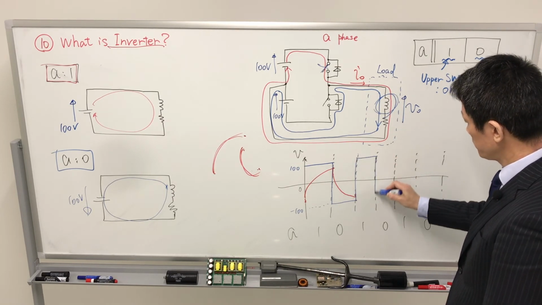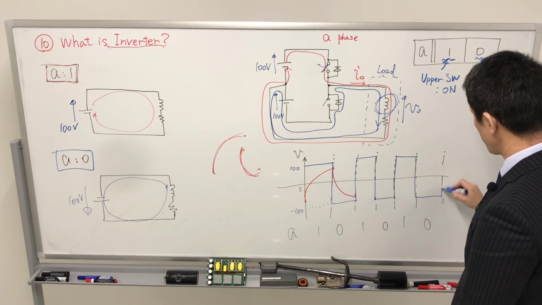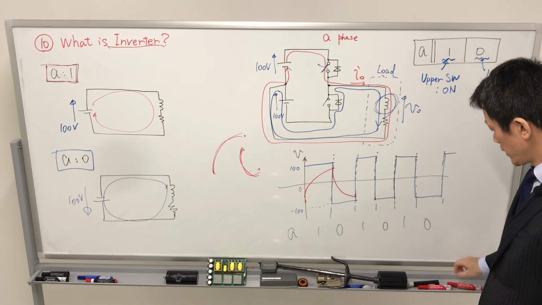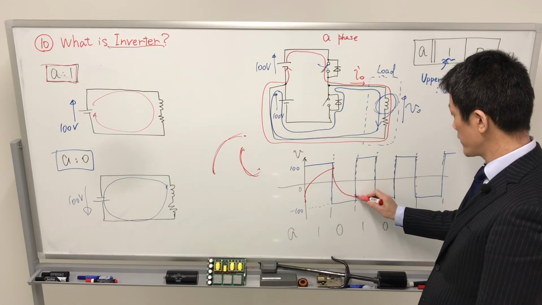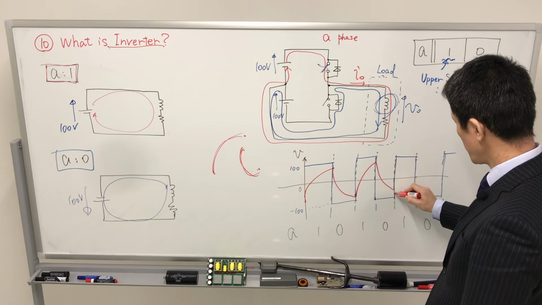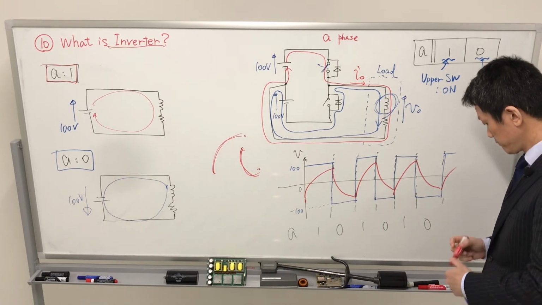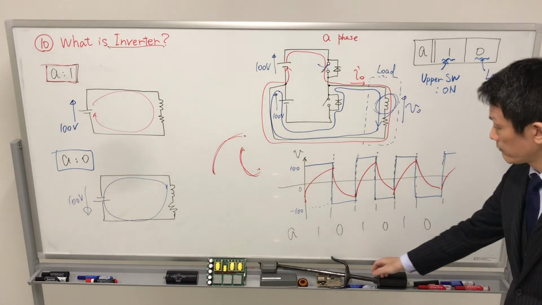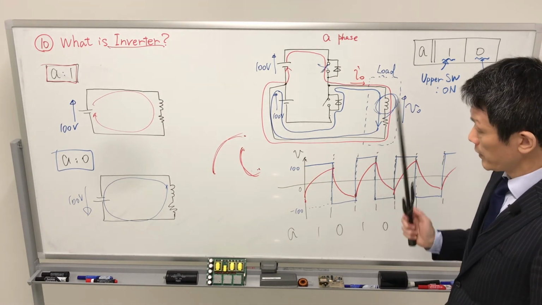100, minus 100, 100, minus 100. So the current increases, decreases, increases, decreases. This is a very simple inverter.